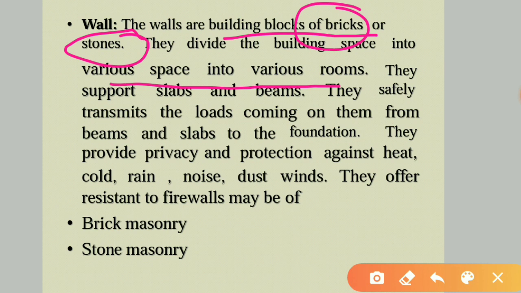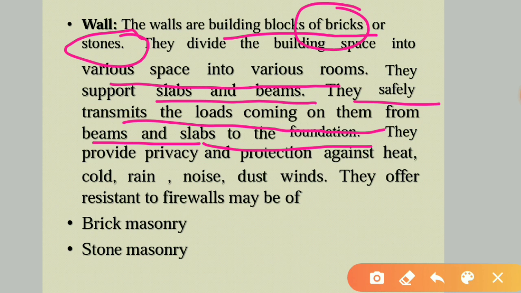They support the slab and the beam. Another important thing with the wall is the support to slab and beams. The slab and beams that we are providing are going to be supported by the wall we are constructing below. They safely transfer the loads coming onto them from beams and slabs to the foundation. So they act as a barrier here. Why?